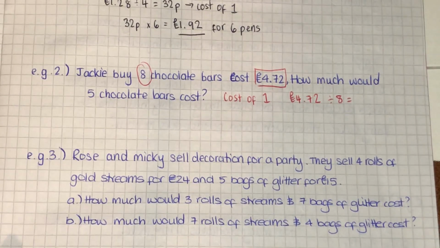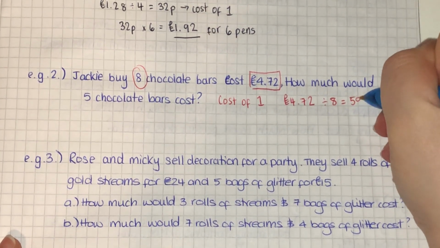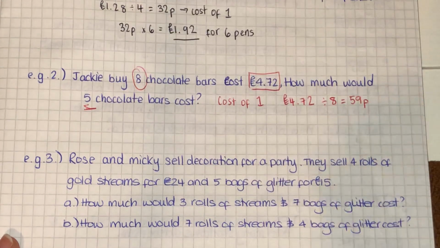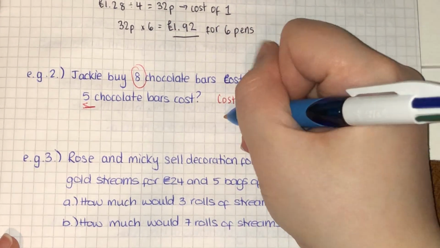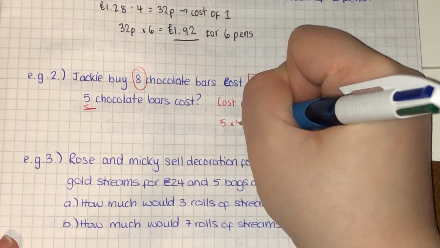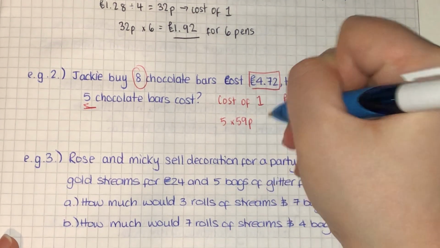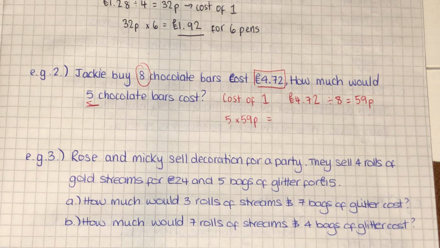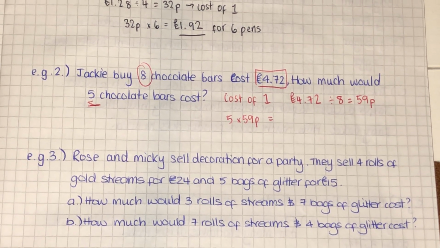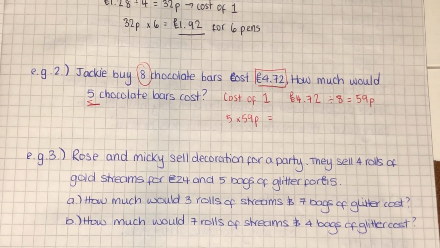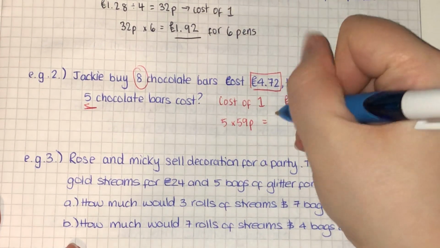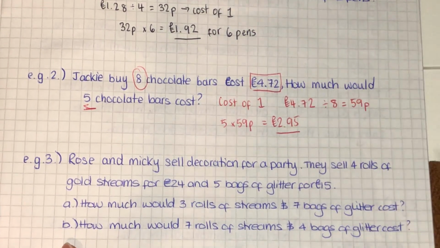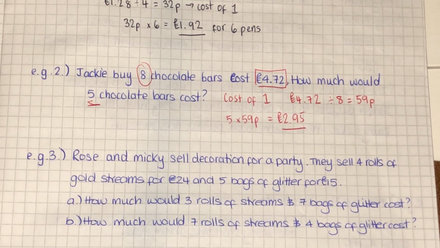Yes, 59p. Okay, the question wants us to work out the cost of 5 of them. So we then do 5 times 59p. 295, I think. 295. Okay, and that's the final answer.